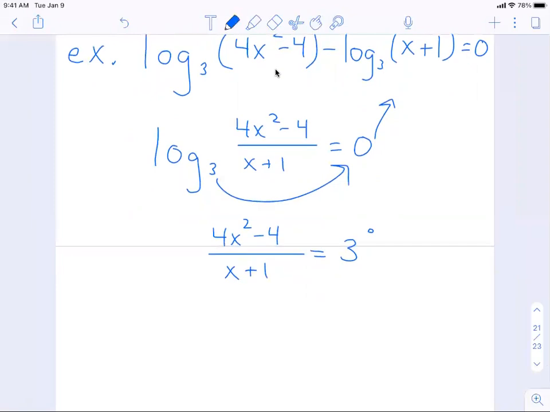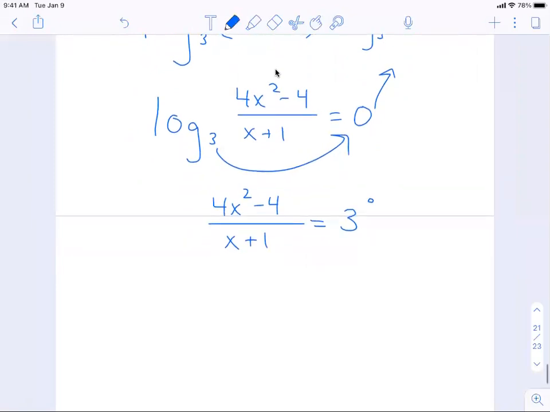Remember, I'm trying to solve for x, so I'm just going to cross multiply. Remember, 3 to the 0 is equal to 1, right? So I multiply x plus 1 to the other side. I have 4x squared minus 4 is equal to x plus 1. And this is definitely something that's in our wheelhouse. We can do that.